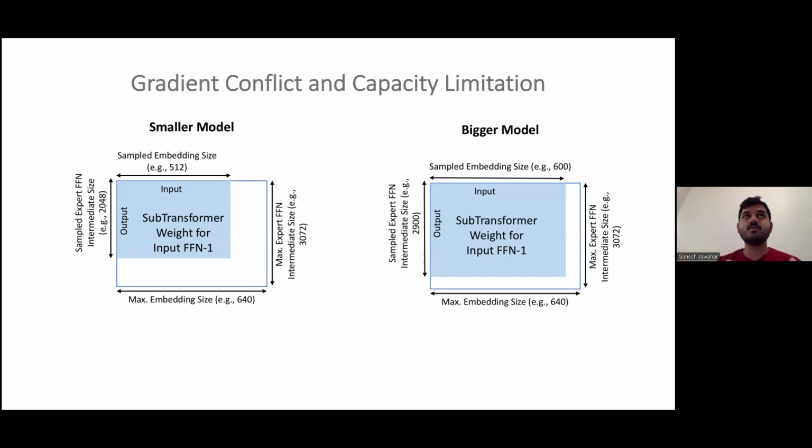As the search space increases, the problem complexity also increases. The SuperNet training objective, the complexity of that increases. And we might also want to scale up the SuperNet accordingly. So in the standard SuperNet setup, we don't have that. Each weight is limited by the number of parameters that it represents. So in this case, it's mostly the features that you see here highlighted, and that could also be a limiting factor.